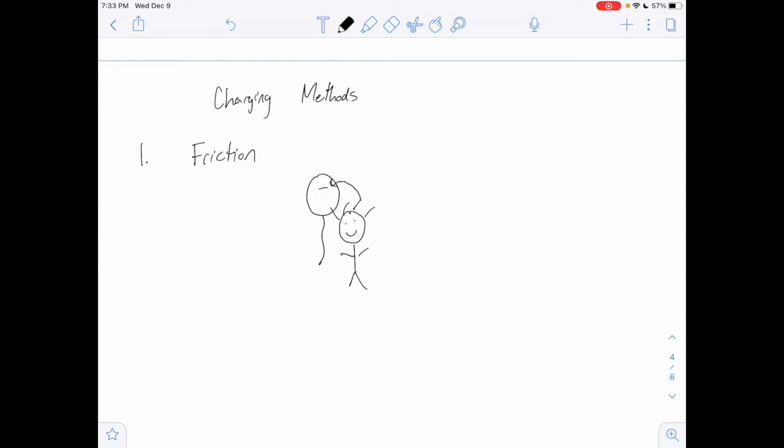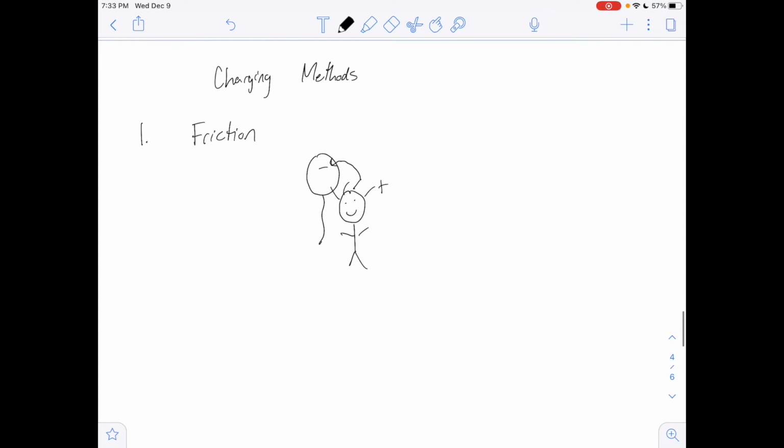But here we're just looking at the different charging methods, and then we're going to look at how the two types of charged objects behave when close to each other. So we already talked about how the reason why your hair sticks to the balloon is because your hair is positive, the balloon is negative, and opposite charges attract.